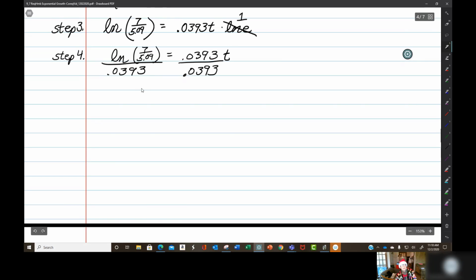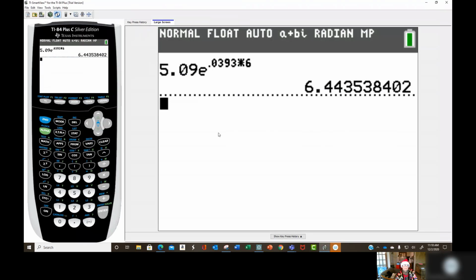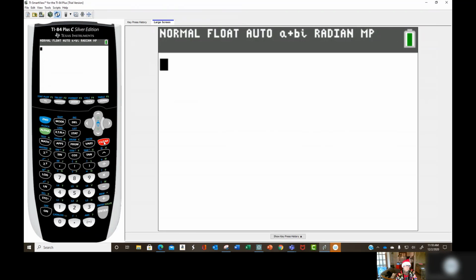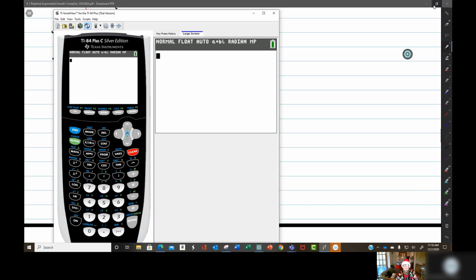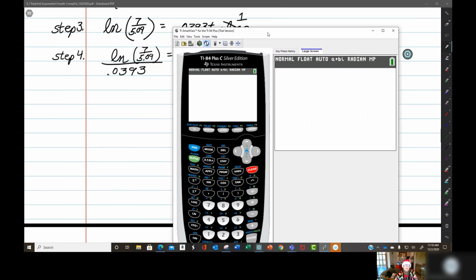And now I get my trusty calculator and move it over so I can see what the numbers are.